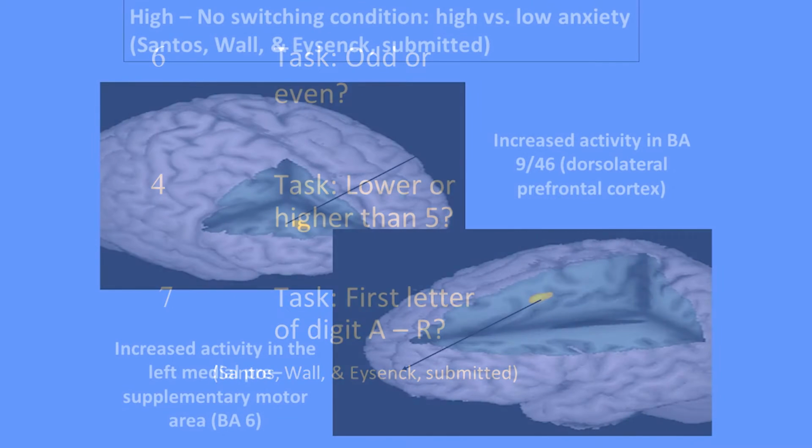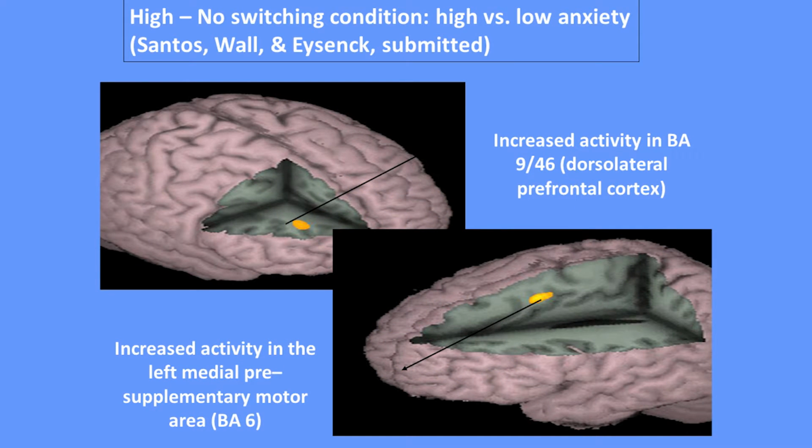But when we had a look at what was happening within the brain, we discovered, happily enough, that under the conditions where this switching attentional control was required, there was more activation within the dorsolateral prefrontal cortex in high anxious individuals, and the same was true within parts of the motor cortex.